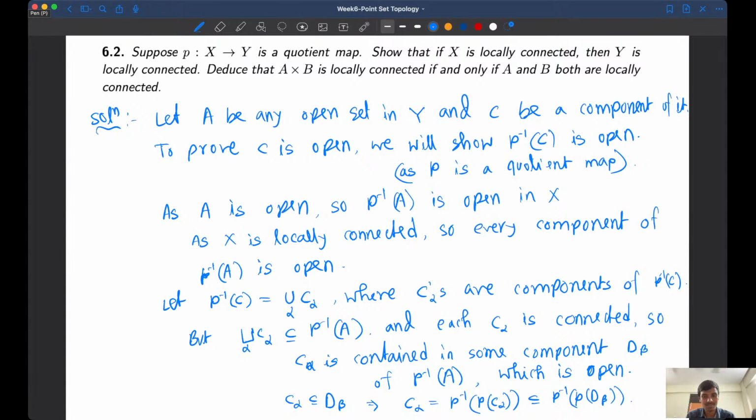Sir, can we start from P inverse A itself?